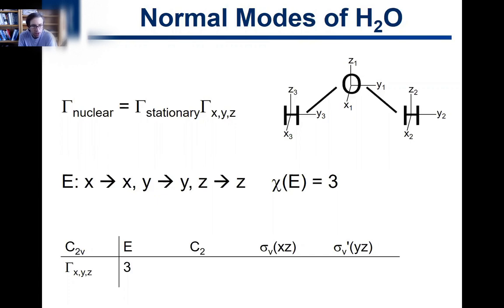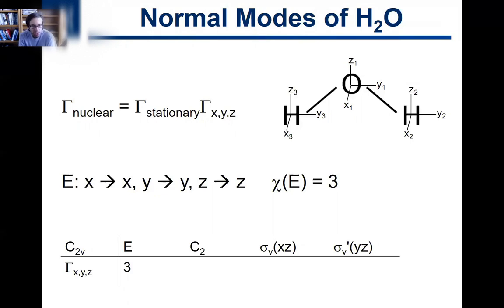So here again, we have water, and we're trying to figure out the normal modes for water. So we can draw our Cartesian coordinate system on each of the atoms. And again, we're trying to find out gamma nuclear by figuring out gamma stationary and gamma XYZ.